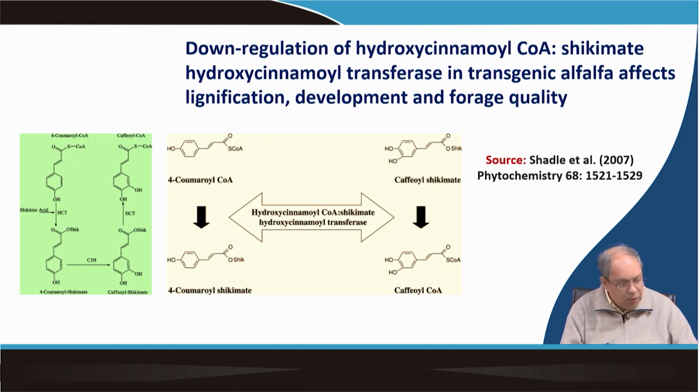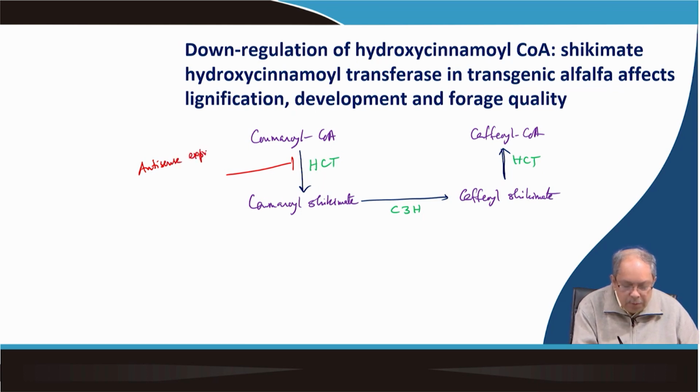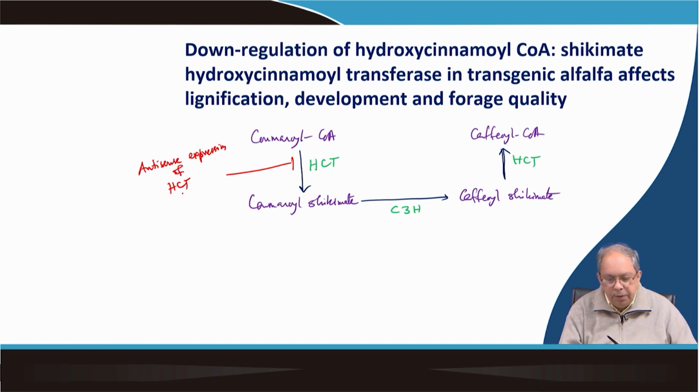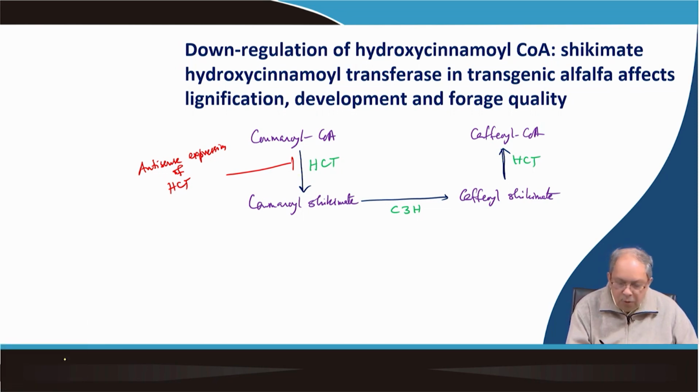So, what they have done is basically they have used antisense suppression or antisense expression of HCT, and what will happen if that is reduced, then this flow will be affected.